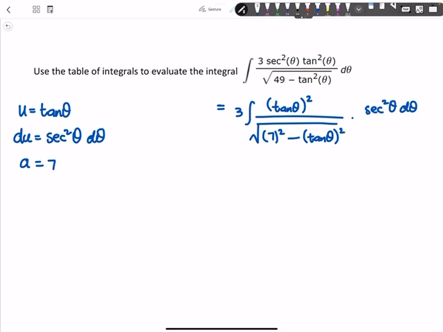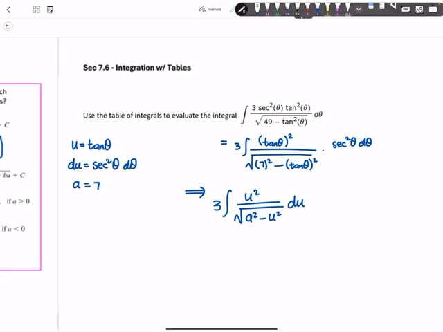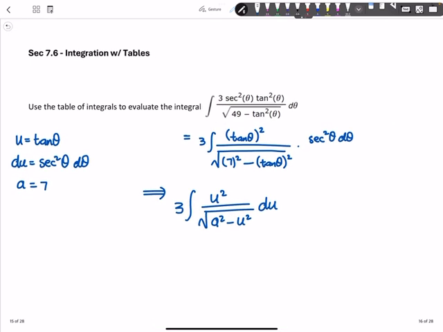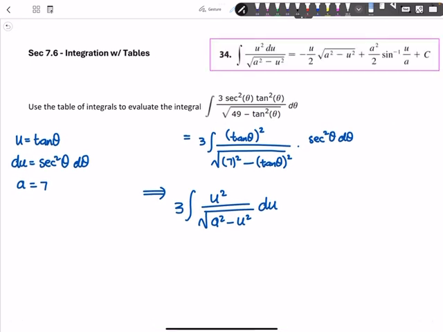So when I make this substitution, my integral will have the form 3 times the integral of u squared divided by the square root of a squared minus u squared du. And now I'm going to look through my table of integrals to see if I can find a table that matches. I actually do. Table number 34 is the correct table to use.